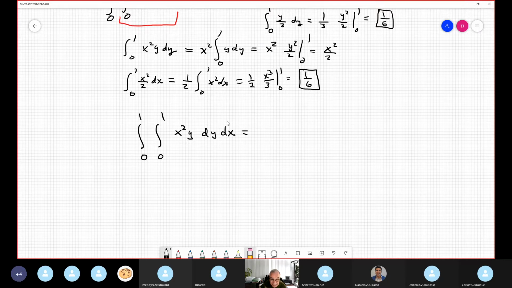Entonces, in one particular example, the upper limit and lower limit are constants, are numbers. And also our integrand function is totally separable.